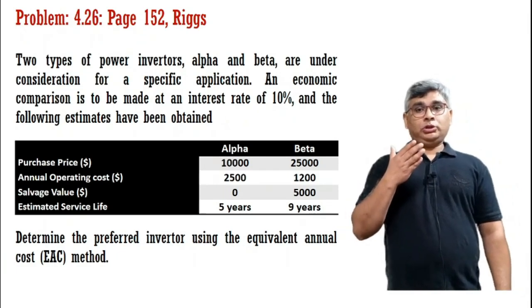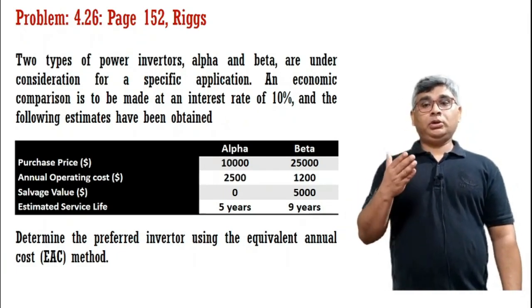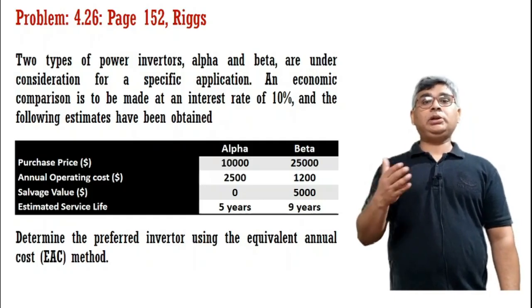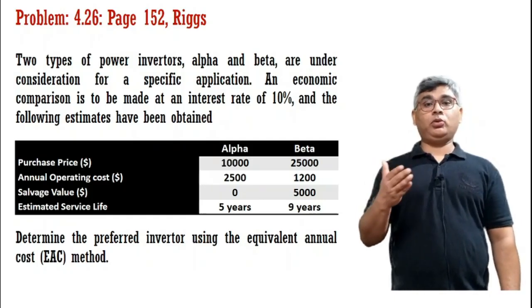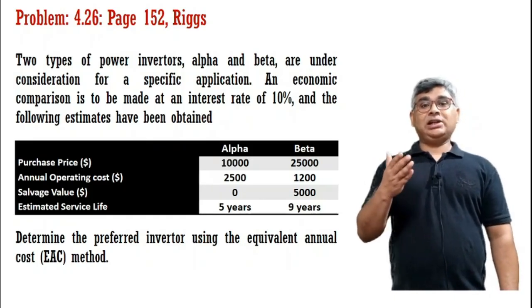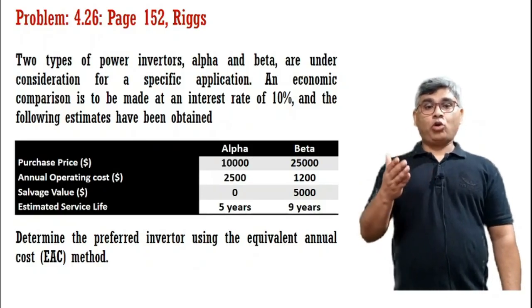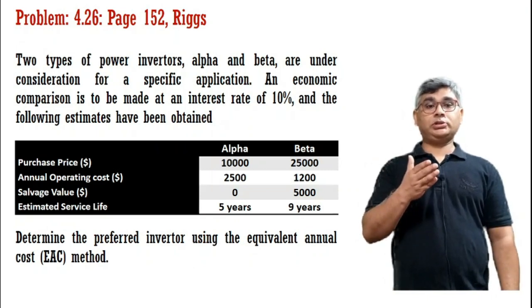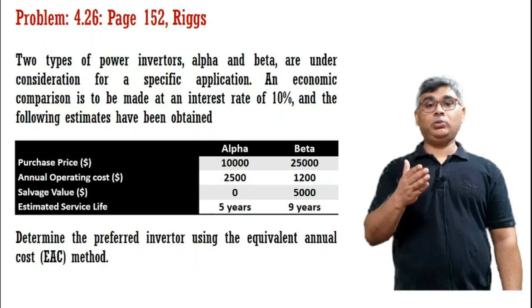Now, let us solve a problem based on the annual worth method. This is an unsolved problem from the book of Riggs. It says that there are two power inverters, alpha and beta. The various costs are given: the purchase price, the annual operating cost, the salvage value, and the estimated service life of both the alternatives.